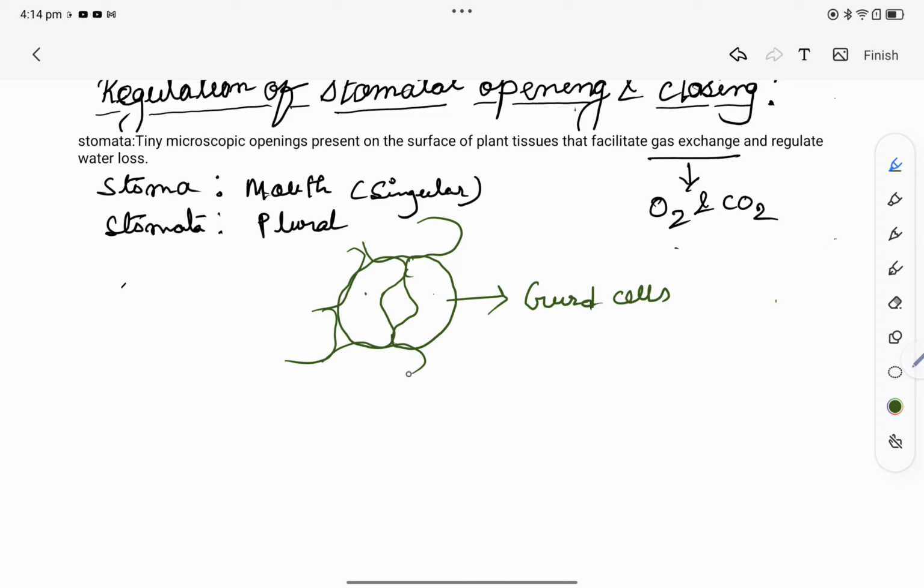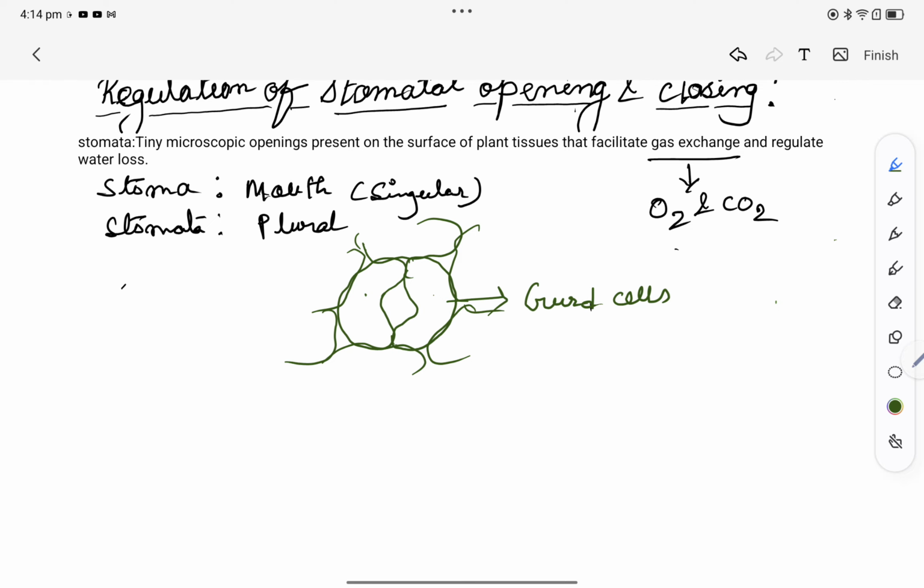There are some adjacent cells also, called epithelial cells. These guard cells have chloroplasts, which means they can perform photosynthesis.